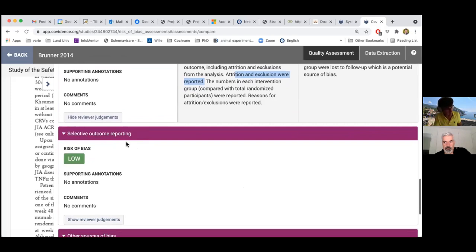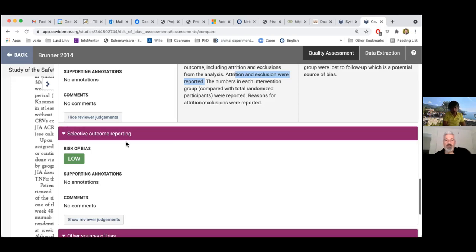And one example, of course, about outcomes, but might be also, I don't know, in the protocol they wrote that there were 3 groups, like drug high dose, drug low dose, and placebo. And then in the final study there are just 2 groups. It would be strange. So in that case, it should be high risk of bias. So any discrepancy between what was specified before the study and what was actually done.